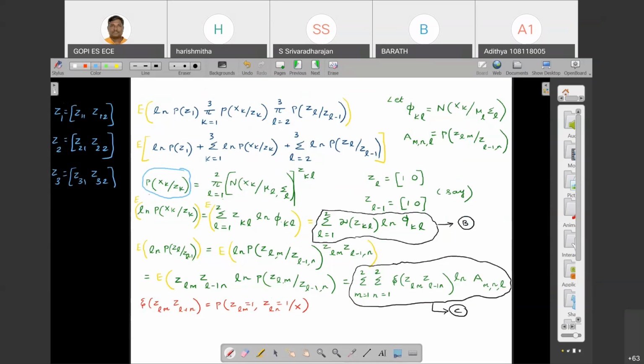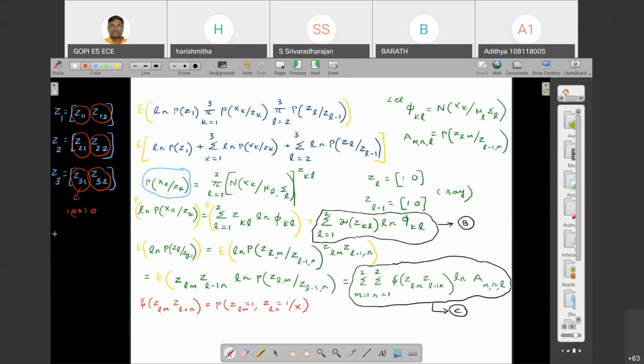But remember that all the elements we have in the latent variable take either 1 or 0.